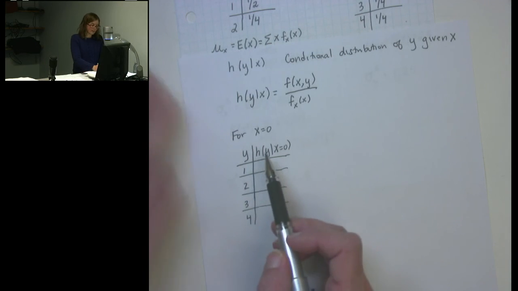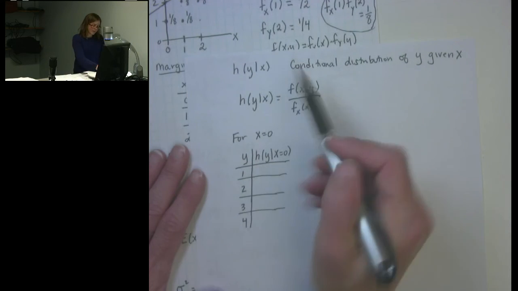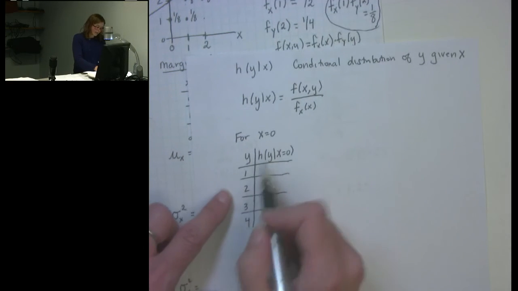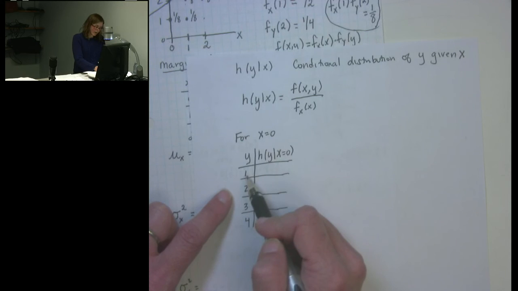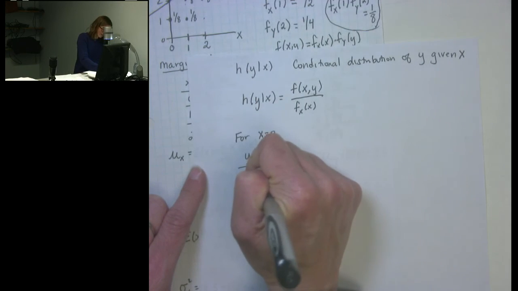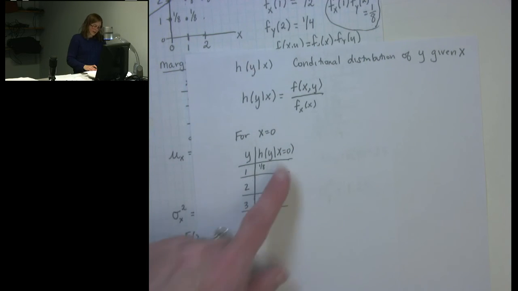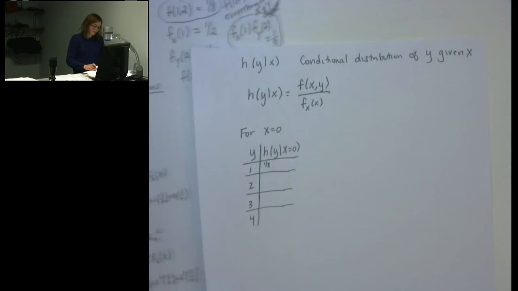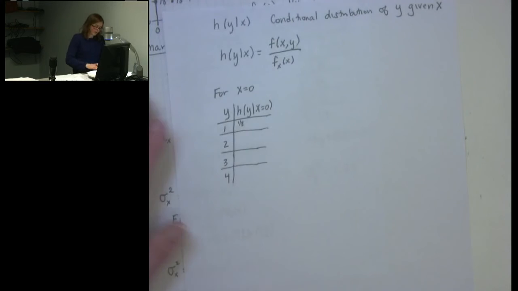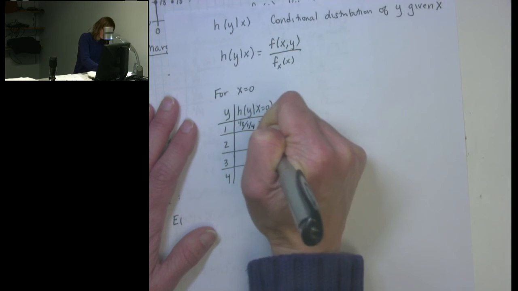And to find this, we're going to find our joint divided by our marginal. So let's see, we've got our joint probability that x is 0 and y is 1. 0, 1, there's a 1/8 probability of that, divided by the probability that x is equal to 0. The probability that x is equal to 0 we get from our marginal is 1/4. So this is equal to 1/2.